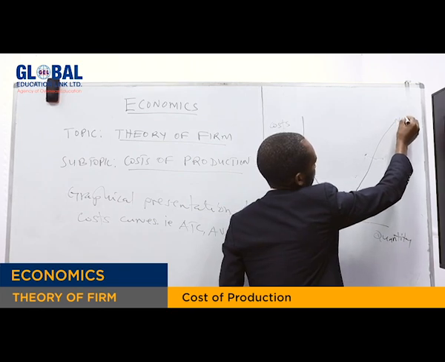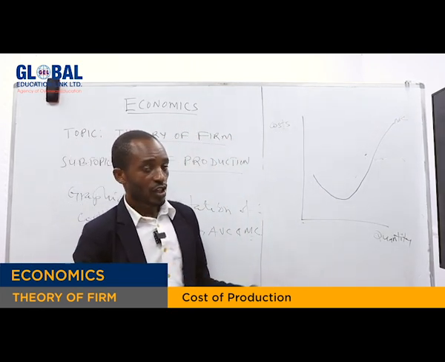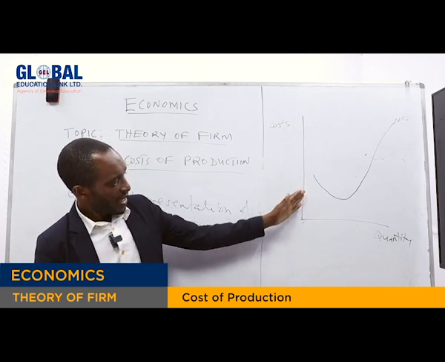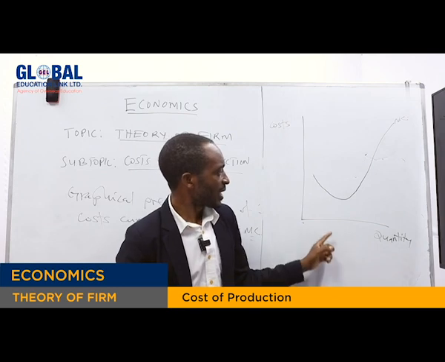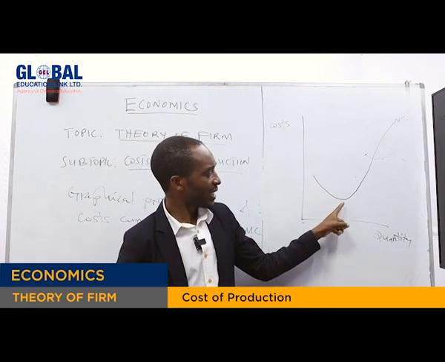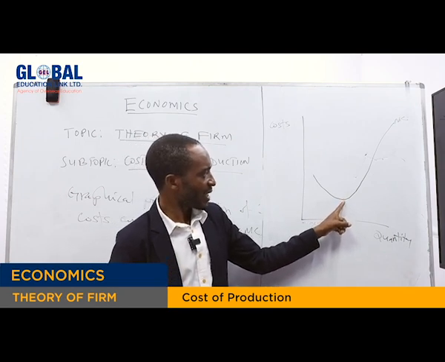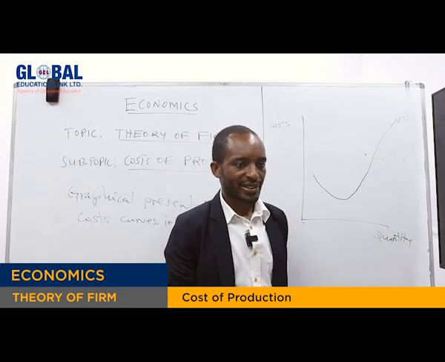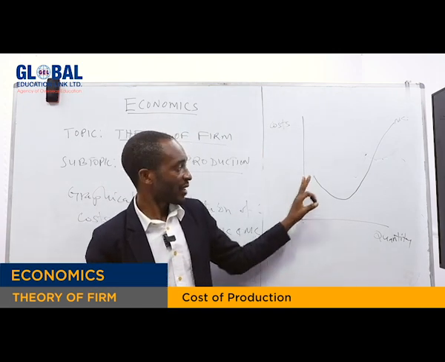As you increase production, or as you increase output, the cost starts to decline. It will decline up to this point, then it will start to increase. So the nature of the marginal cost will look like this.